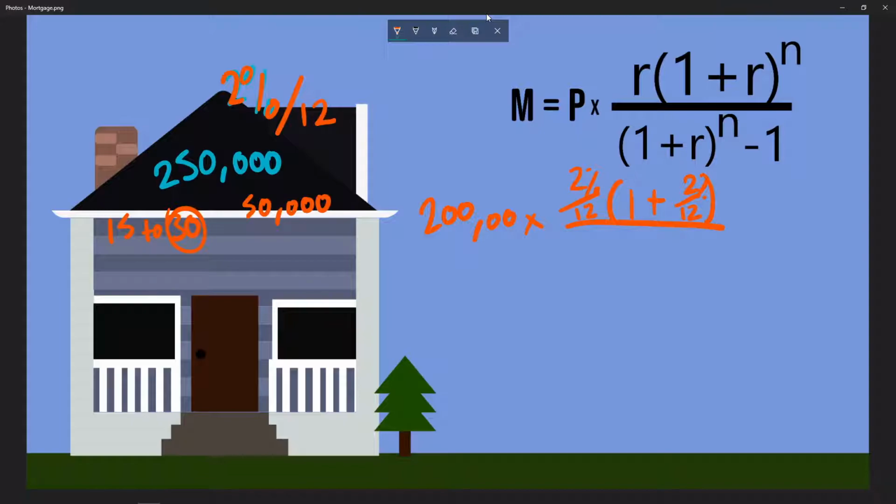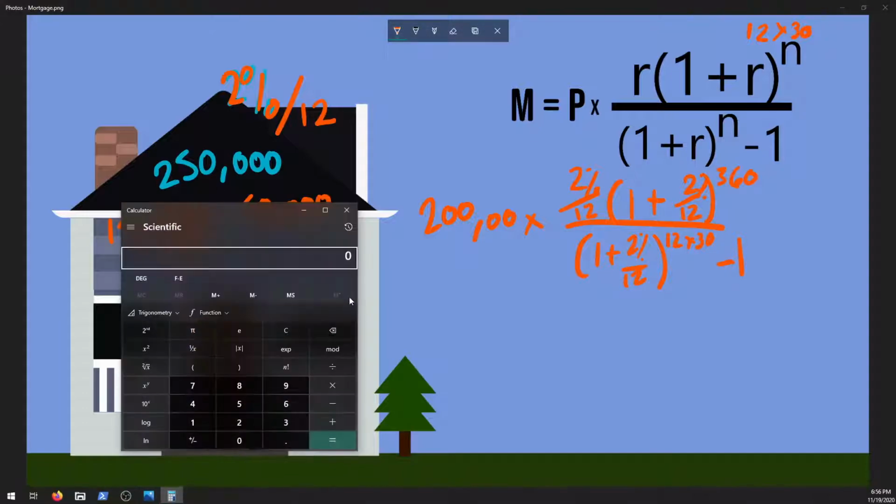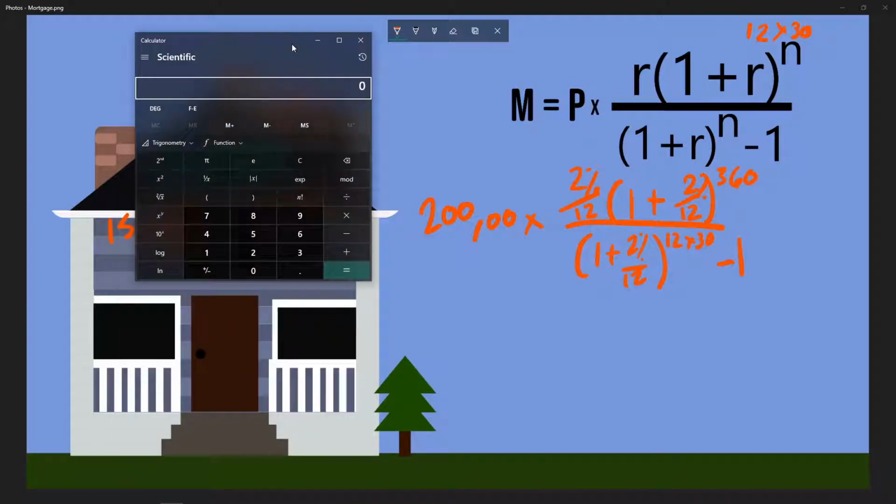So since it's a 30-year loan and there's 12 months in a year, it'd be 12 times 30, or 360. So as I'm writing this all out, give me 1 second and we'll walk through it. All right, 12 times 30 minus 1. All right, so let's pull out this calculator and I can start walking through it.